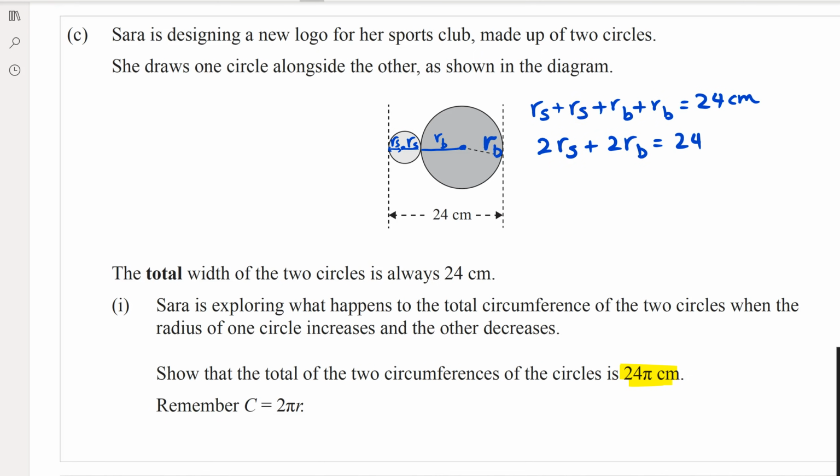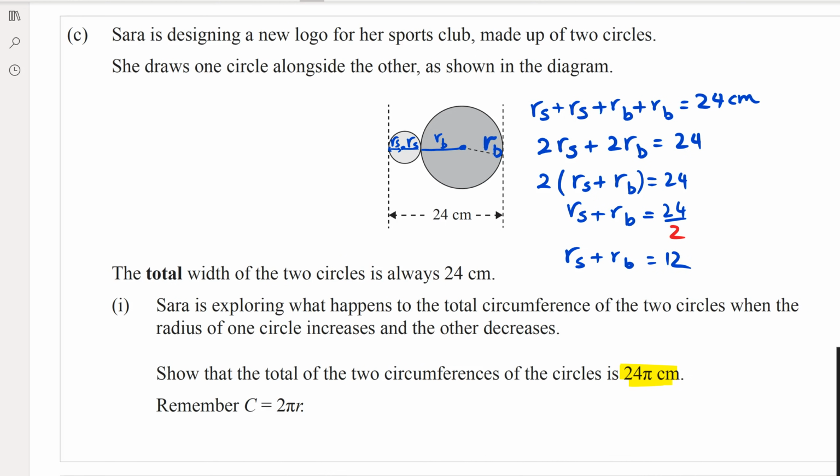And because 2 is a common factor, I can take that out and rewrite this as RS plus RB equals 24 divided by 2, which ends up being 12. So RS plus RB is equal to 12.